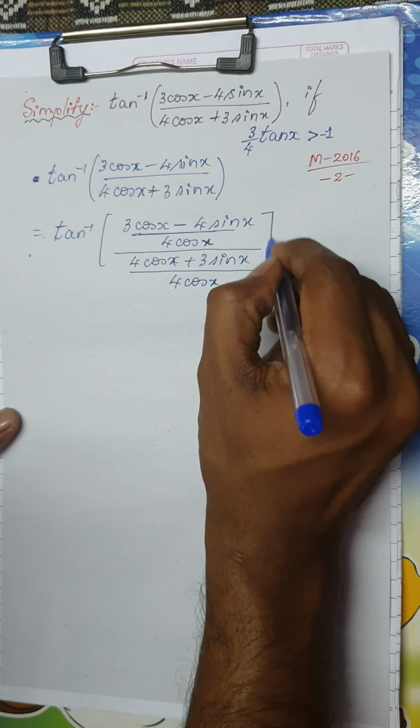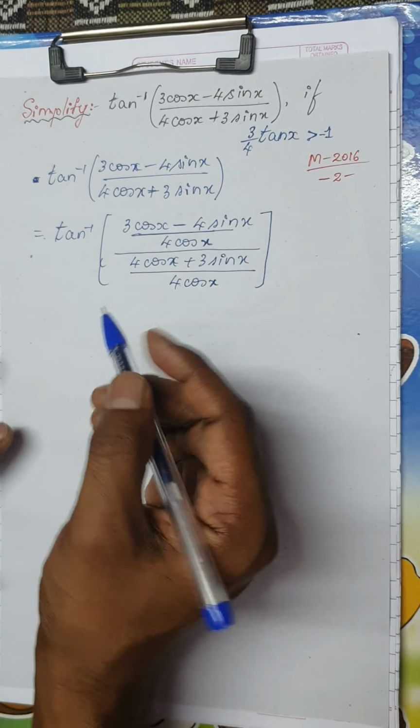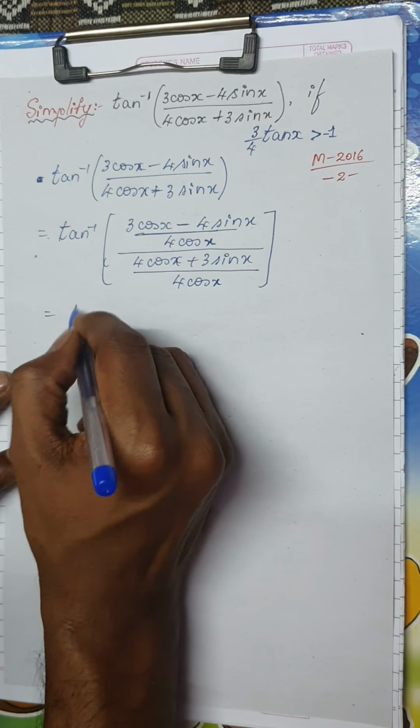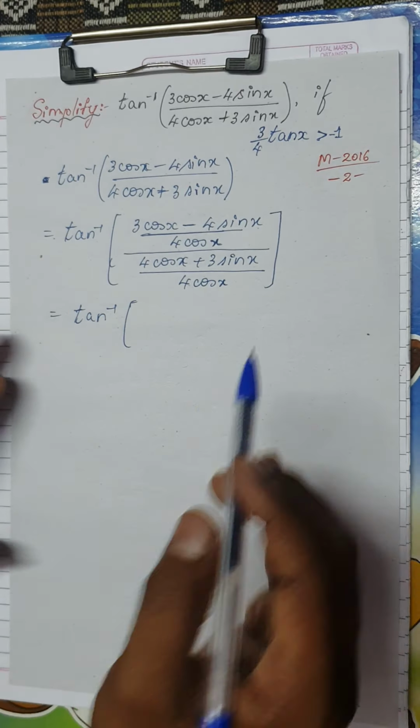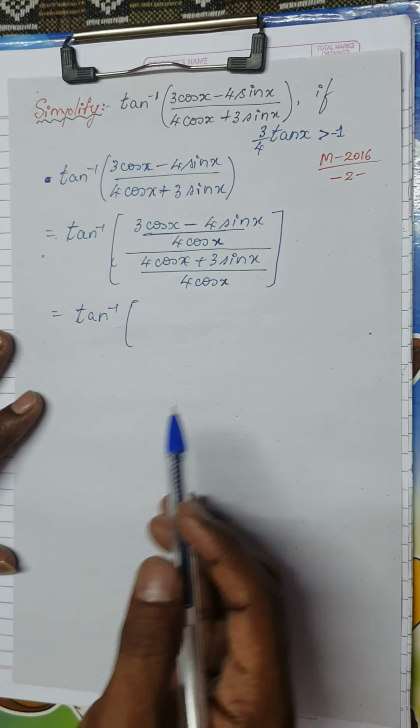For my simplification, I have just divided here. Please be careful with this one step. If you can understand this step, the question becomes very easy.